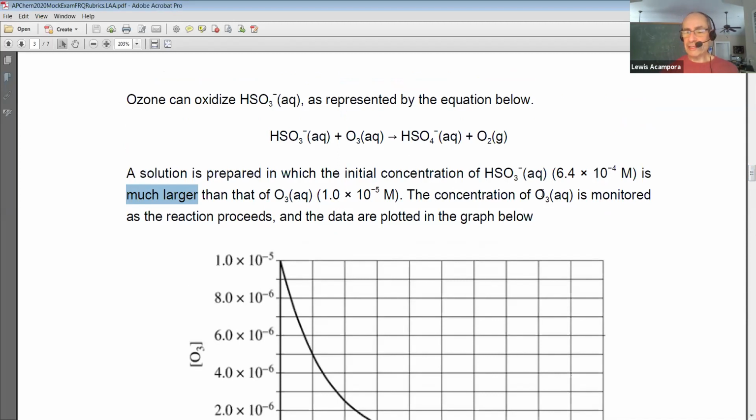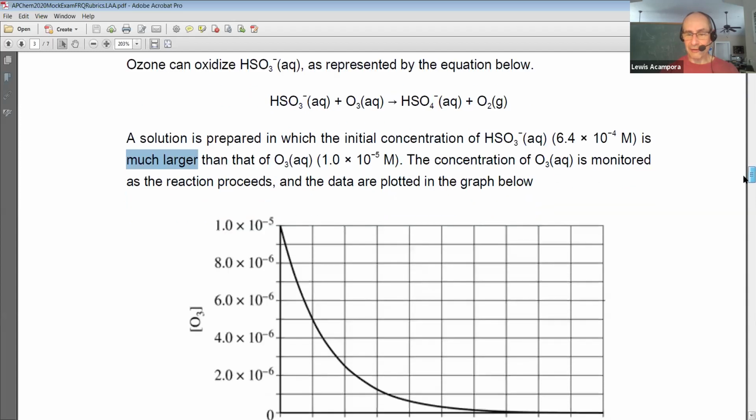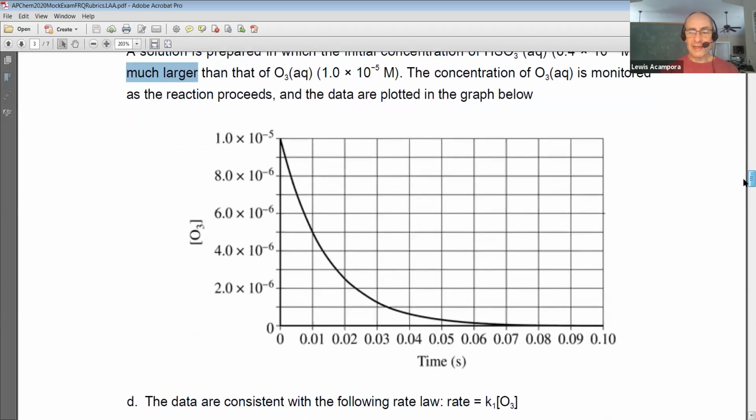Then the concentration of ozone is monitored as the reaction proceeds, and the data are plotted in the graph below. You see a graph where the concentration of ozone is decreasing over time, but decreasing in kind of a special way. I hope that most of you recognize their integrated rate law.